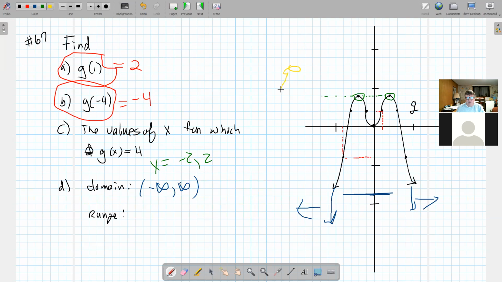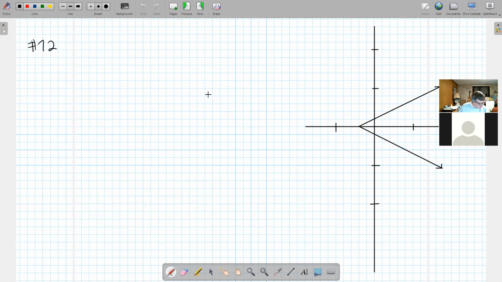Range, this is going down, but it stops right here at 4. So it's going to be from negative infinity up to and including 4. Any questions there? Of course not.